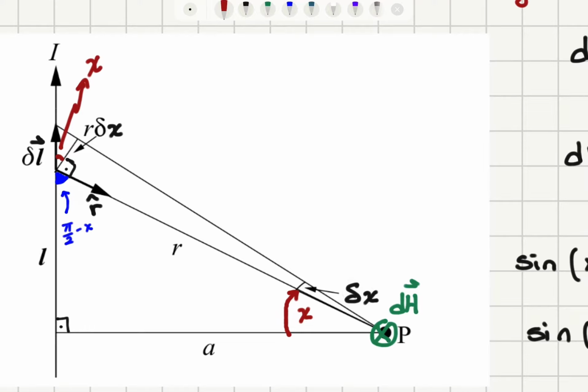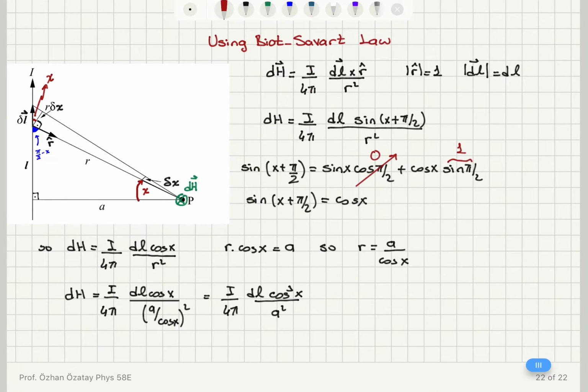So this r times delta x is our arc length, and from this triangle we can see a relationship between dl and r delta x and the angle x. So from this triangle I can see that dl cosine x must be equal to r times delta x.